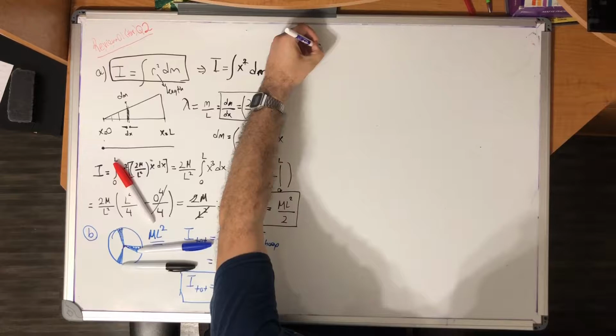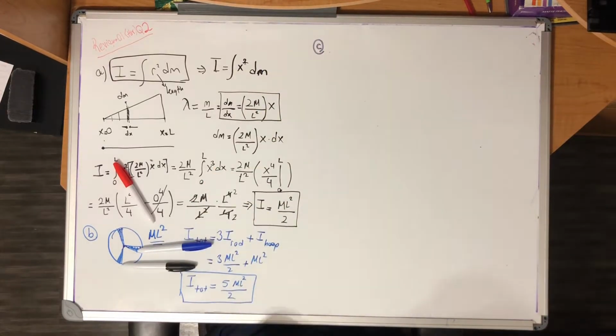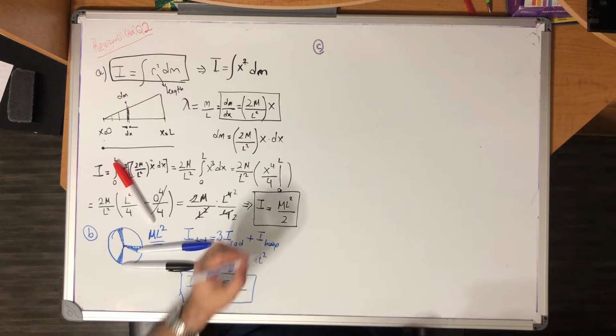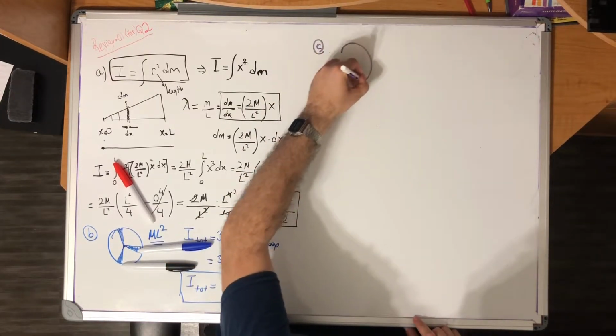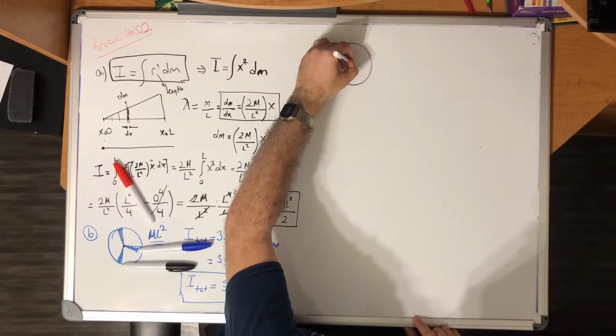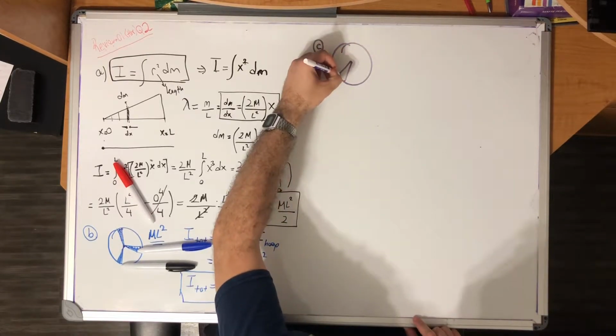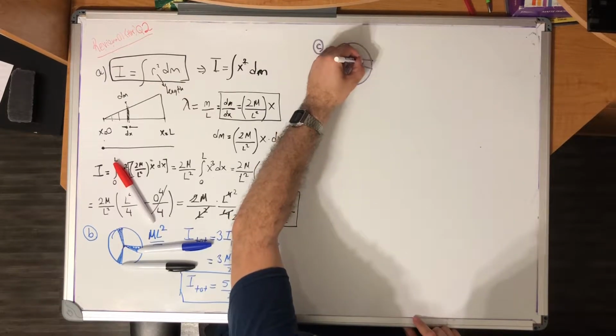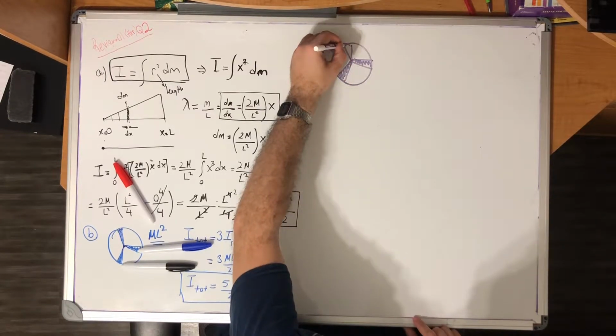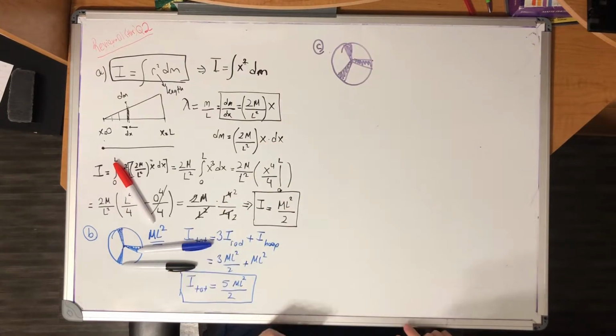In part C, they are asking for the angular velocity of that disk. But what is happening to the disk? You have this disk, and they are applying some force on it over a certain period of time, and they do that tangentially.